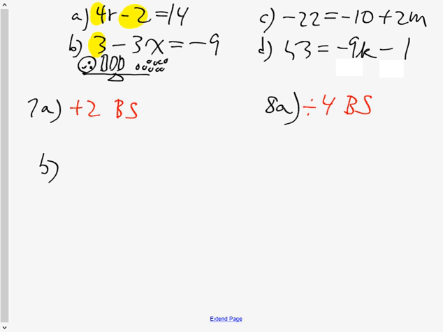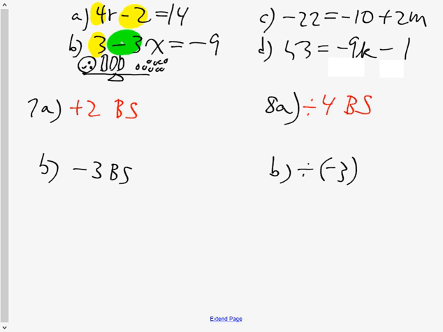So the first thing I want to do is subtract 3 from both sides to get rid of that positive 3, or add a negative 3 to both sides. Then for 8b, the second thing I would do is divide both sides by negative 3, whatever the coefficient is. The coefficient of x is actually a negative 3x, and we can see that because when we draw it, we drew it as negative x's, not positive x's.